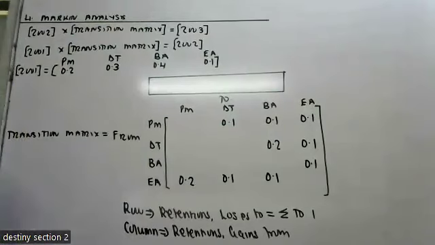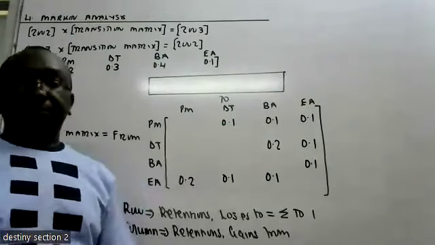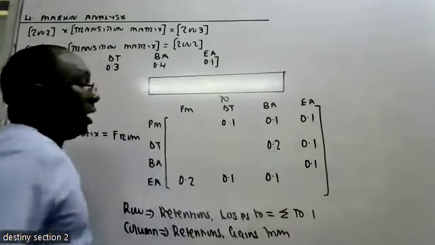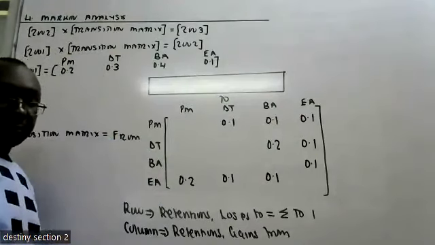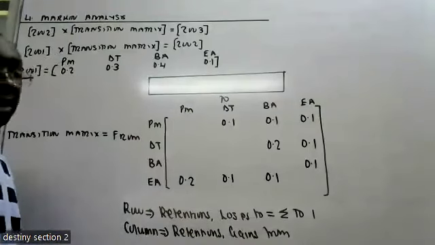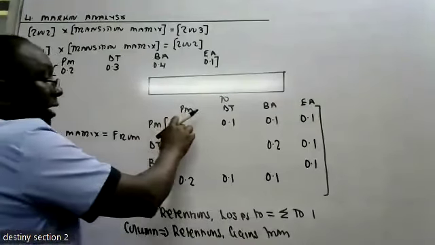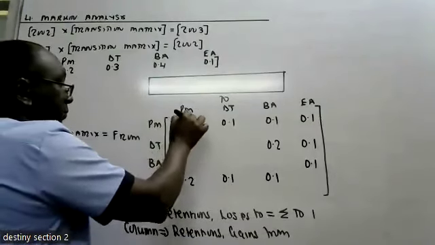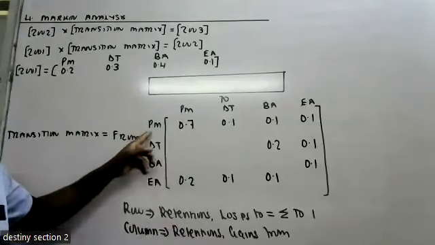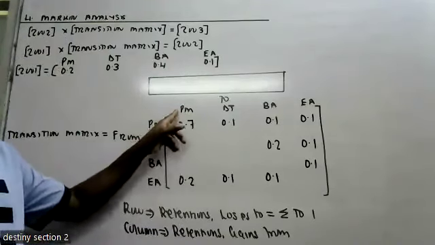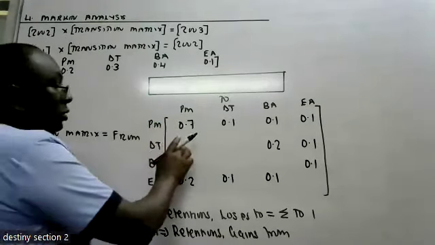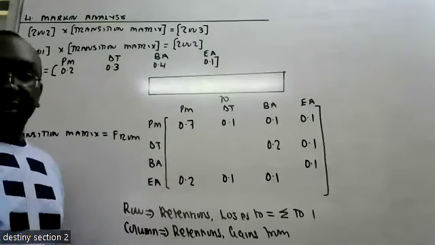Now I was saying that this must add to 1. But when you look at what we have here, we are not adding to 1. We only have losses. We have not been given the retentions. So only one slot remains here, which should be 0.7. So that 0.7 is a retention. It is those who are from PM and they remained in PM. That's called retention. When you come to DT, we again have 0.7.